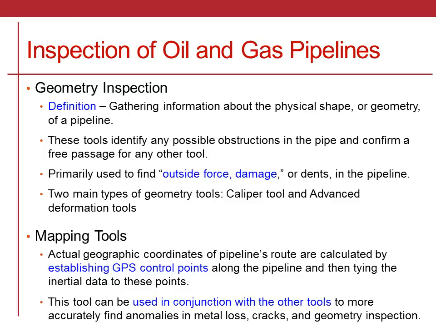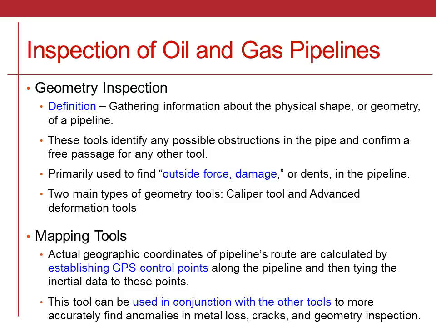This slide presents two other internal inspection methods. Strictly speaking, these methods are not internal inspection methods, but these methods support internal inspection methods. First, geometric inspection is gathering information about the physical shape or geometry of the pipe.